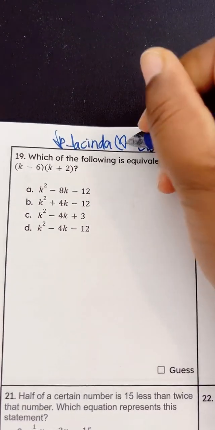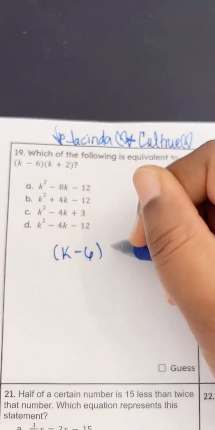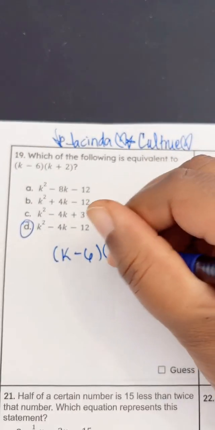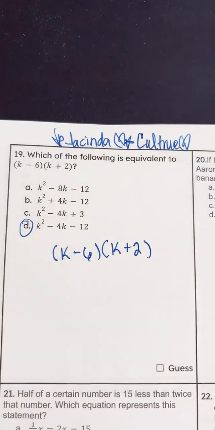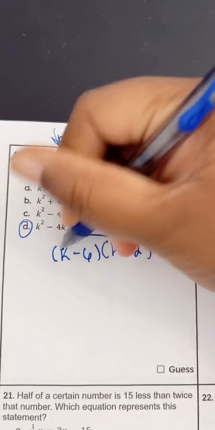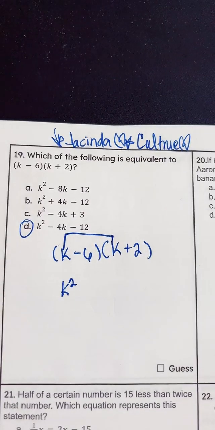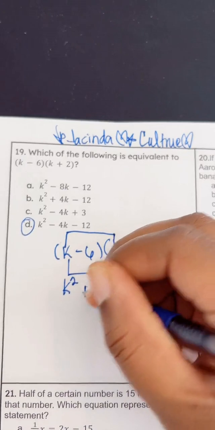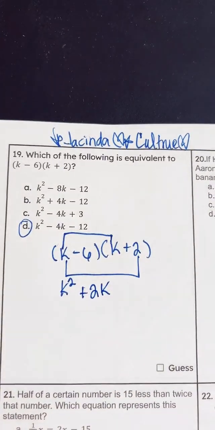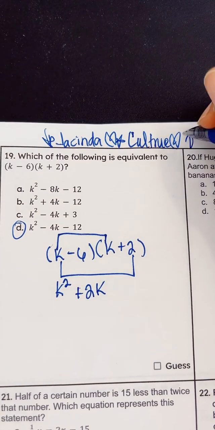All right, so let me rewrite this. (K minus 6)(K plus 2). I see a whole bunch of D's, so I'm going to circle that. Let's do FOIL. Our first, K times K, K squared. Our outer, we get plus 2K. What am I writing next?